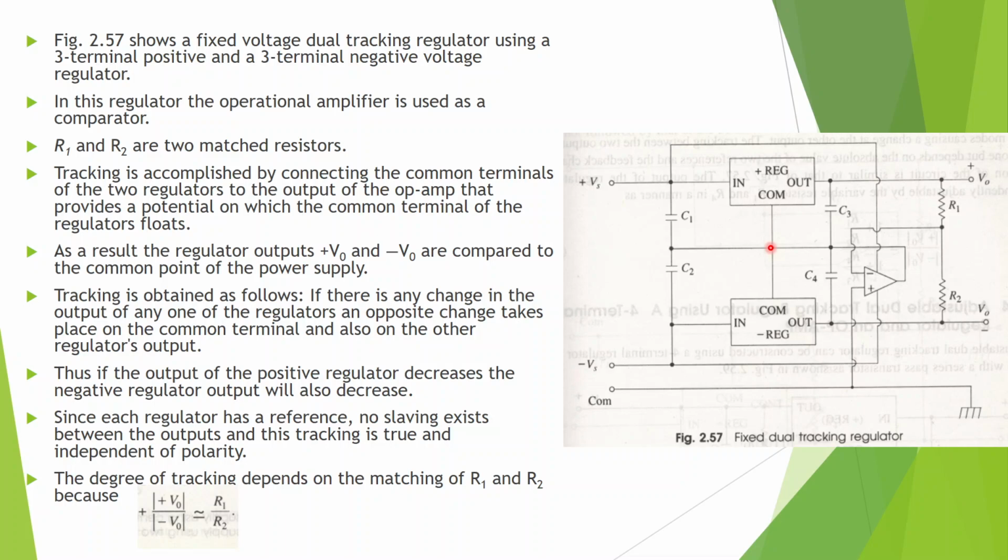An increase in positive would cause an increase in negative, and vice versa. The degree to which this tracking is maintained depends on the matching of the resistors R1 and R2, because the ratio of the magnitude of the positive output to the negative output is equal to the ratio of these two resistors.